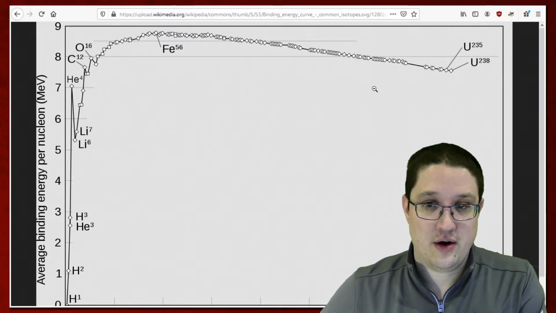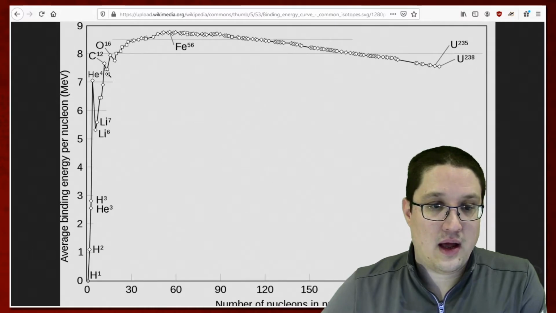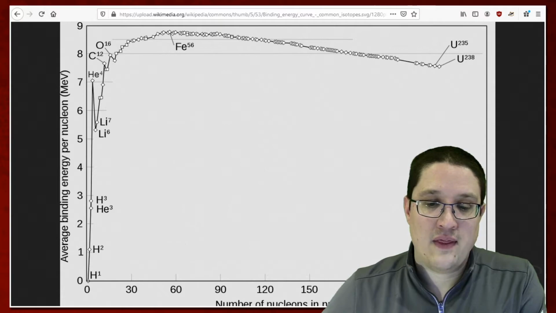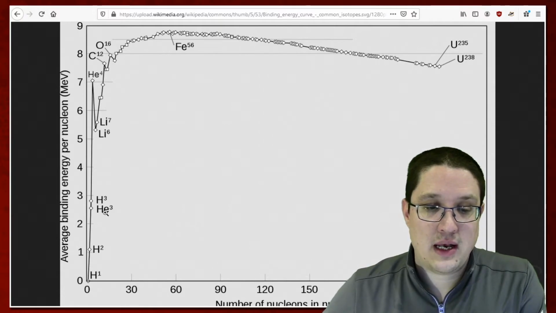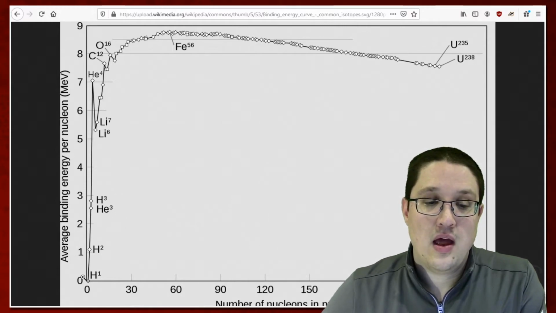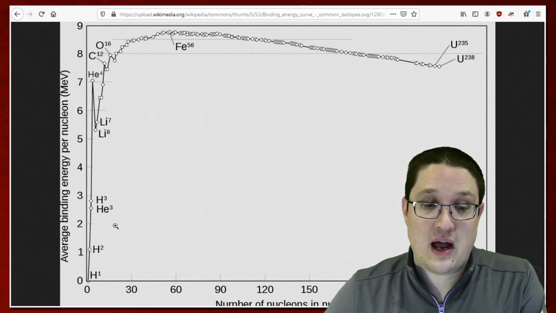Now, if I look at our binding energy chart here, of binding energy per nucleon and the number of nucleons, what I've got is hydrogen and helium way over on the left side of this graph. To go from hydrogen to helium, I need to move to the right on this graph.